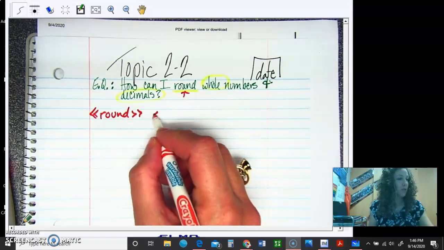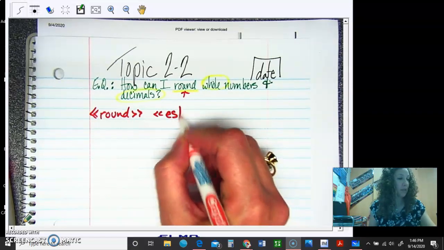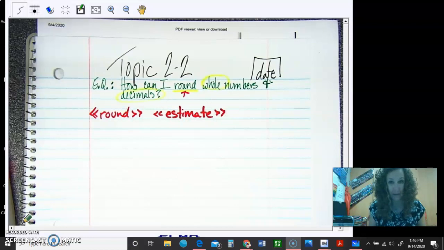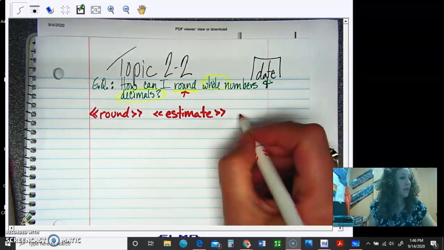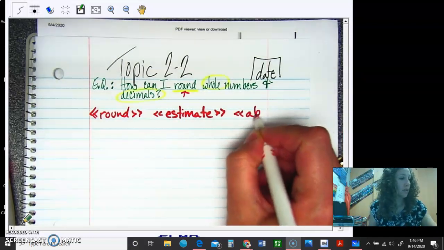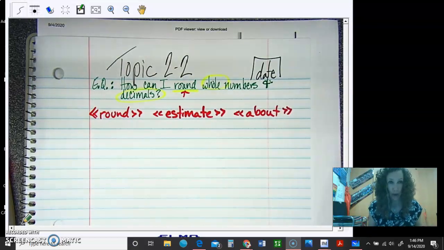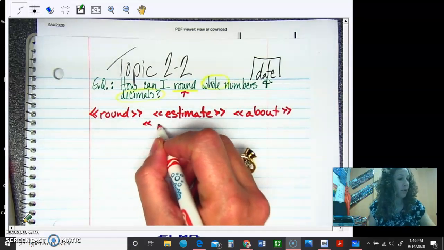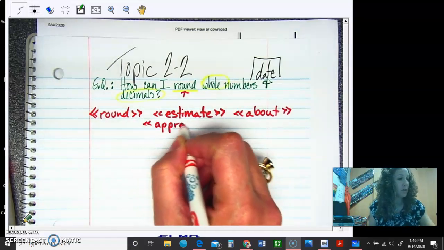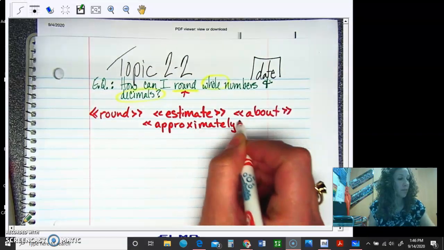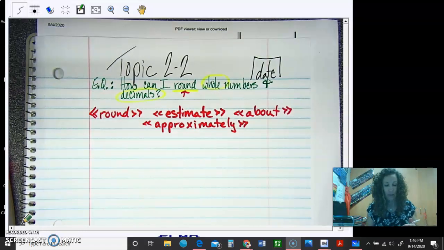But you might see this word too, and this means to round, if you're going to estimate. Okay, this is another word that you may see. About. Okay, about means that you are going to estimate. Another word would be approximately. That's another one that tells you you're going to round.